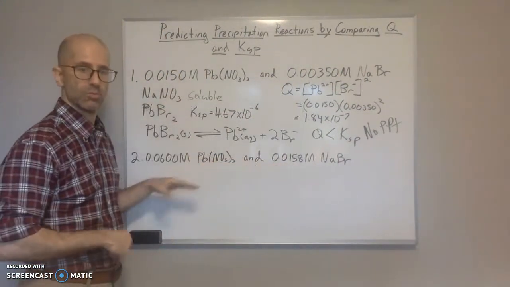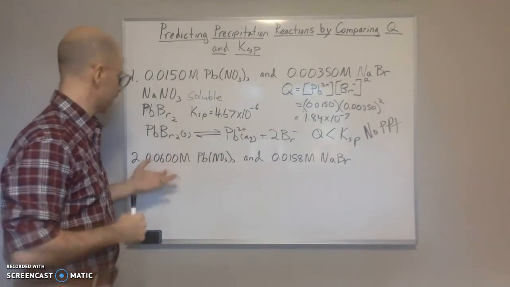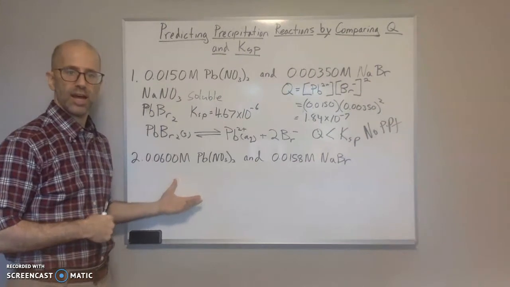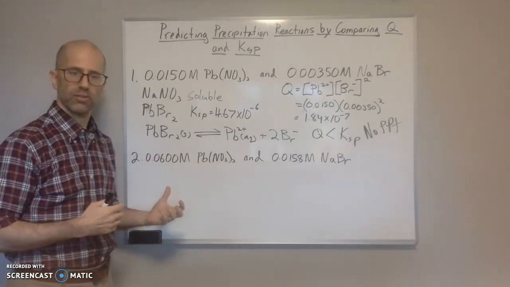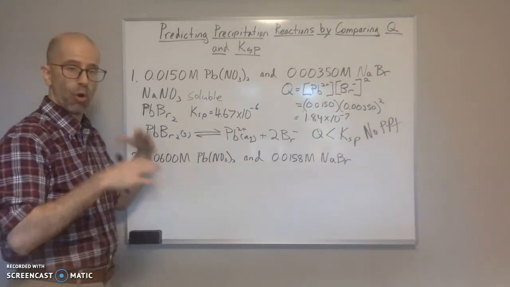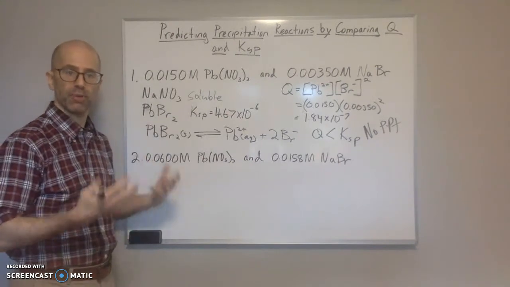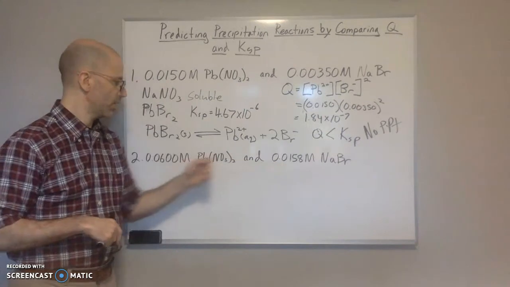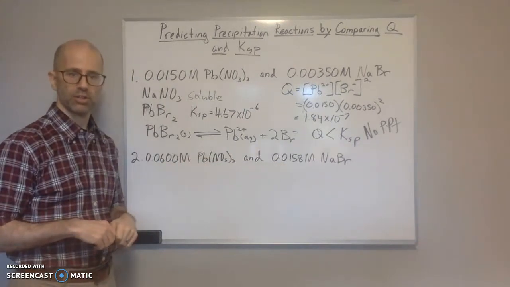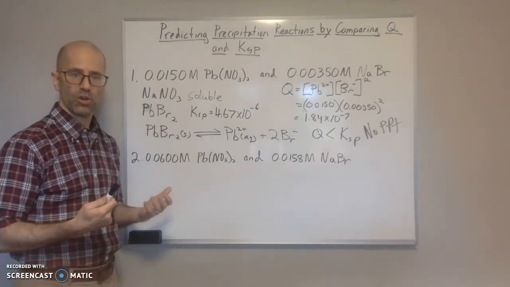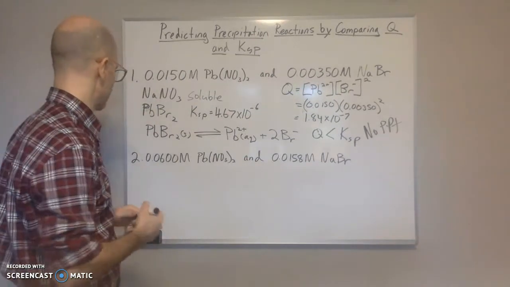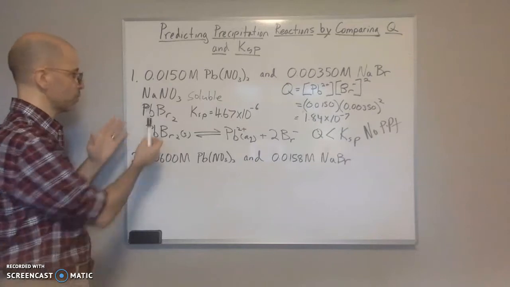In this case, the situation is we heated up both of the solutions before mixing them. So we heat them up, raise the concentration, mix them together, and now these are the concentrations of our salts mixed together. Let's see if there's a precipitate. We do the exact same thing. It's the same species.